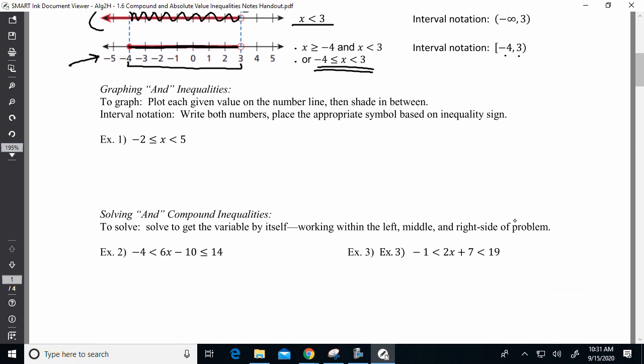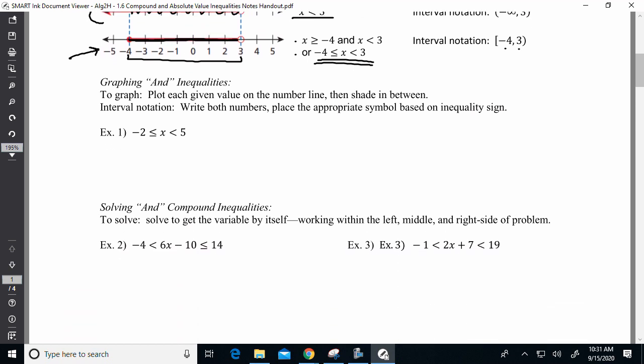Alright, so to graph an "and" inequality, plot each value on the number line and shade in between. So it's about as simple as I can get it. Here's your number line. Put the 0 in the middle as a center point. -2 goes on the left. 5 goes on the right. -2 has a less than or equal to sign.